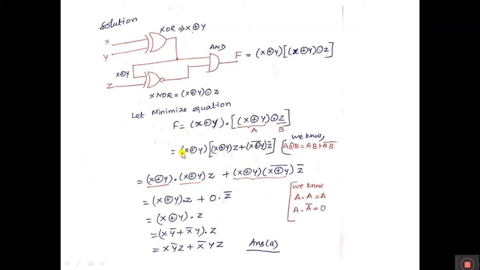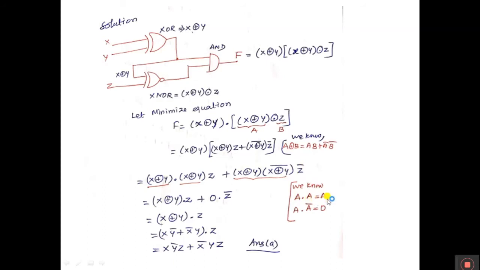Now I multiply this XOR of Y into this value. So X XOR of Y dot X XOR of Y dot Z plus X XOR of Y and X XOR of Y bar Z bar.